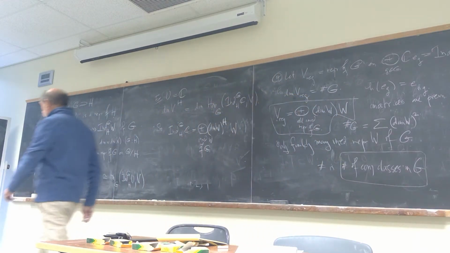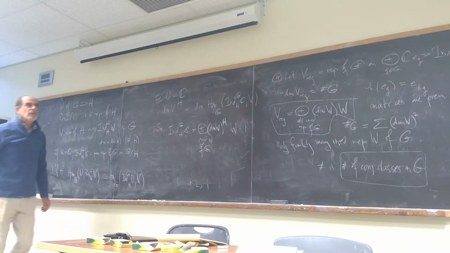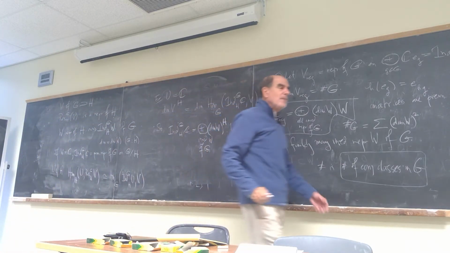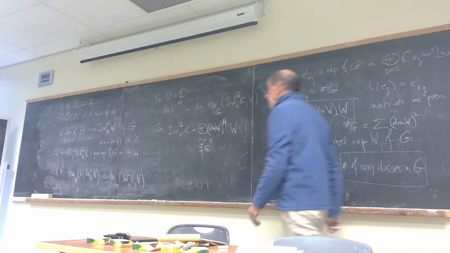The first thing he proved is that if you take the L-function of the direct sum of two representations, and this is obvious, you get the product of the two L-functions. That's because the characteristic polynomial on the direct sum of two spaces is the product of the two characteristic polynomials, so it's true term by term in the Euler product.